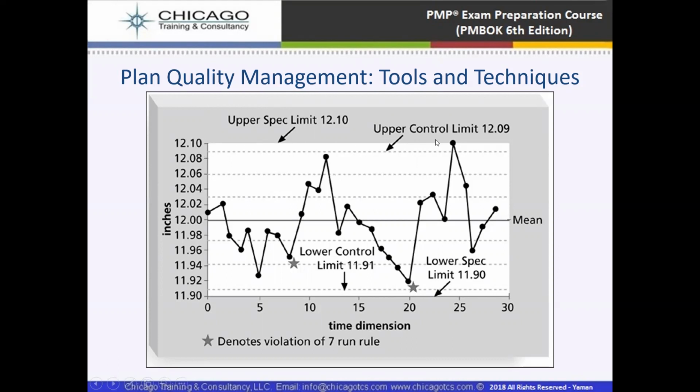But if our points are above 12 or below 11, it means we are not adhering to the quality and our process is out of control here. And if we have 7 points above the 12 and 7 points below the 11, it means we are also not conforming to our quality. So this is how we define the rule. A rule is defined here, but we can change this chart and we can define our rules here also.